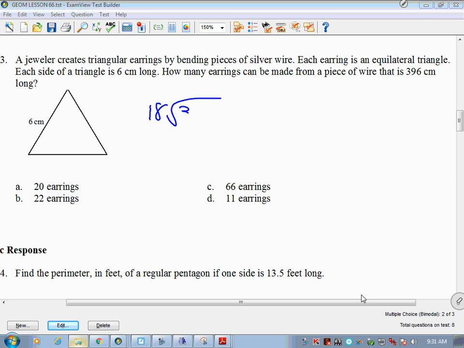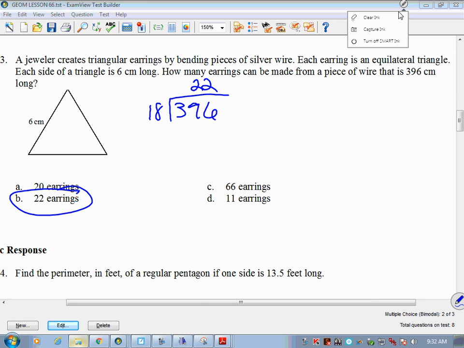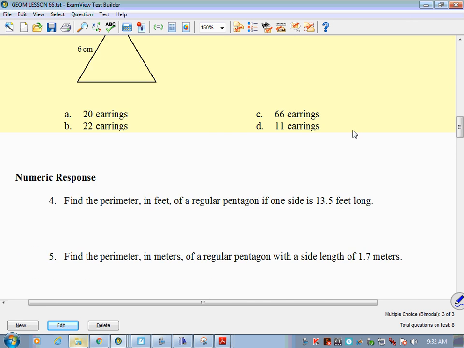Or sorry, not a square root, just a division bar. 396 divided by 18, what does that equal? 22 earrings. I can make 22 earrings out of 396 centimeters of wire. Okay, people have a real tendency to make this question super, super difficult. It's not super, super difficult. You just have to look and see what the question is actually asking you to find.